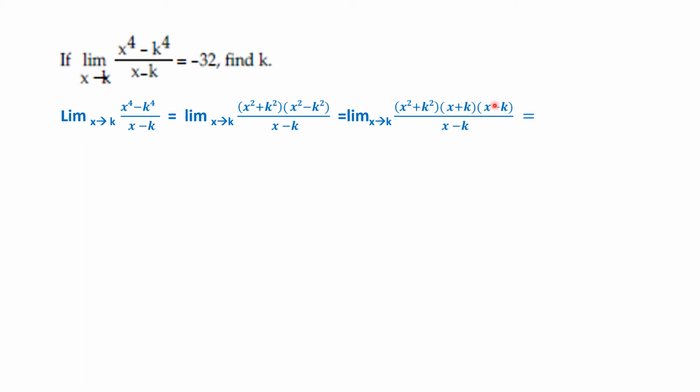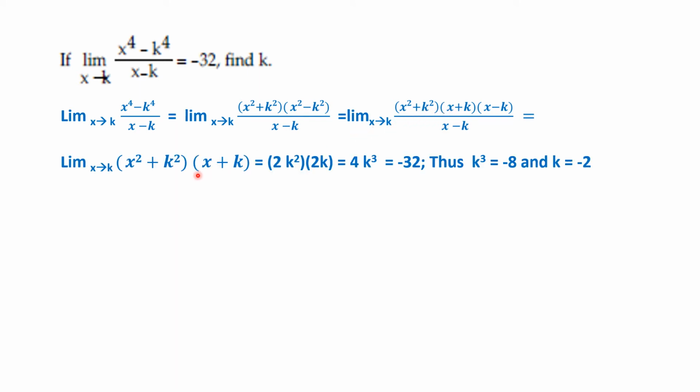So we can see that x minus k cancels out the denominator. So x minus k in the numerator cancels x minus k in the denominator, and we're left with two parentheses multiplied, and that's going to give us the limit as x approaches k of (x squared plus k squared) multiplied by (x plus k). Now we replace each occurrence of x by k, so for the left parentheses, instead of x squared plus k squared, we'll get 2k squared, and instead of x plus k, we'll get 2k.